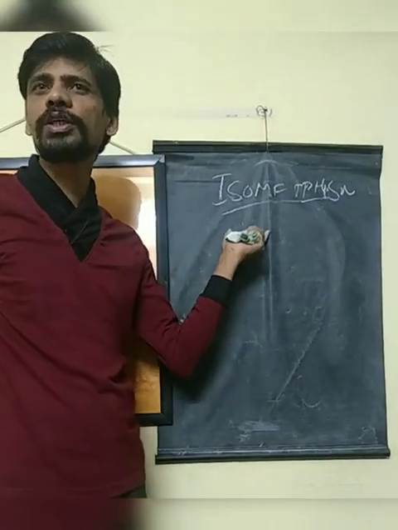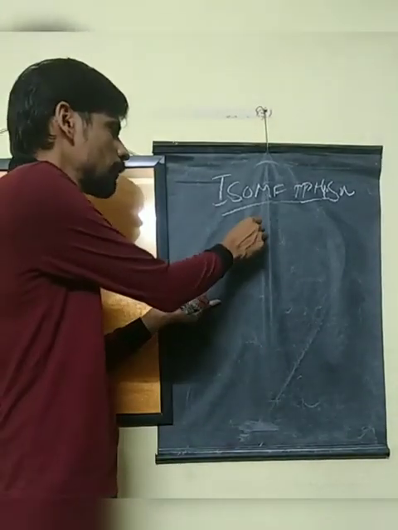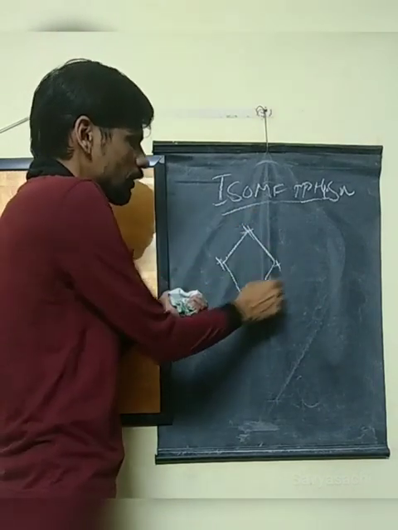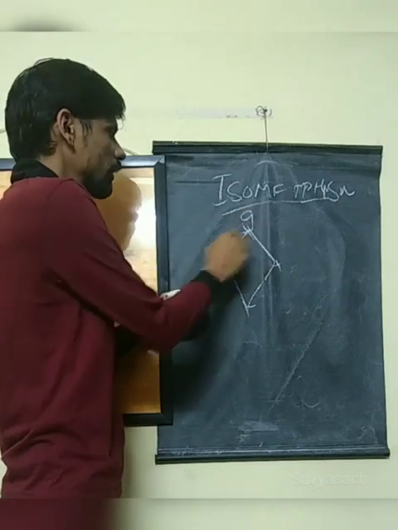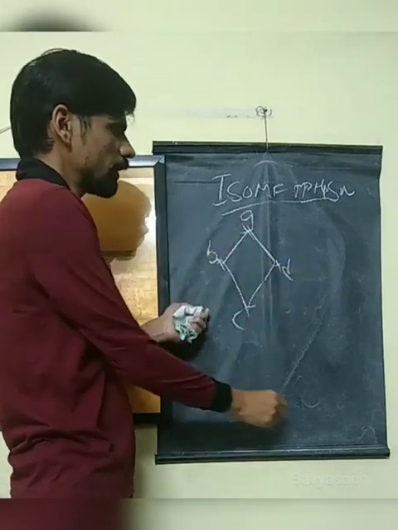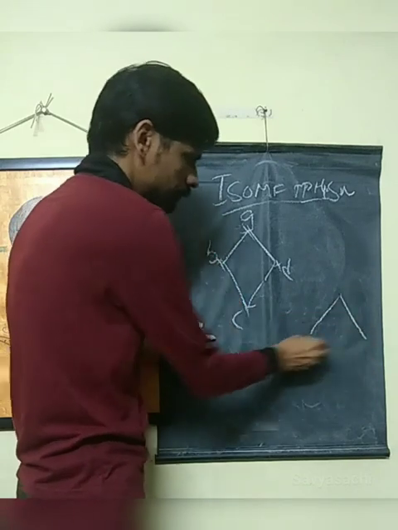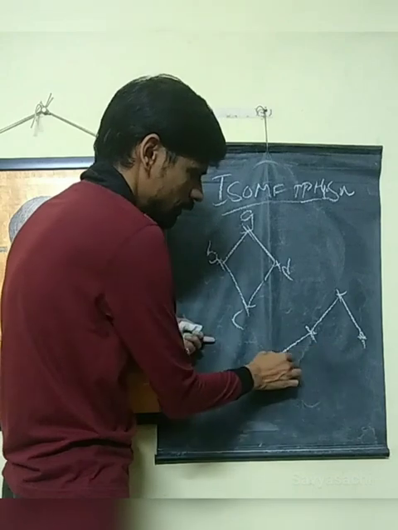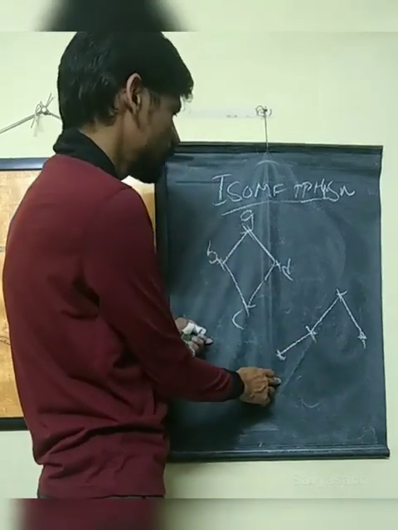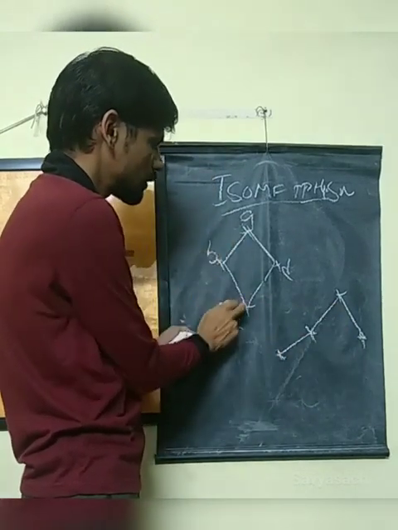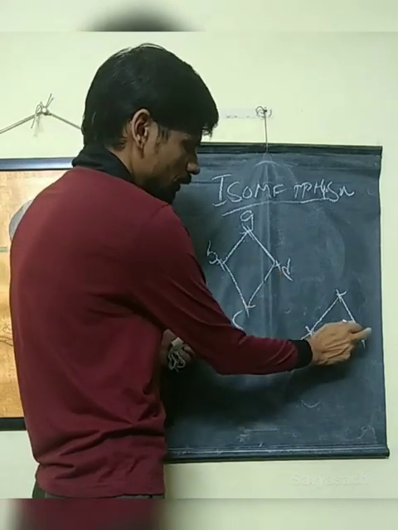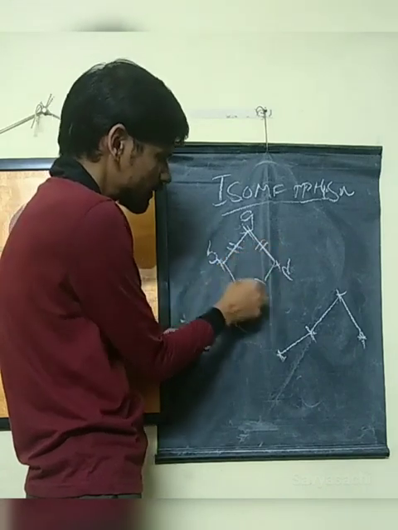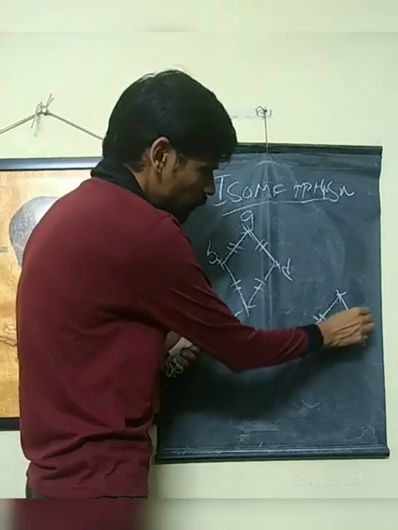Now we will see what is meant by isomorphism. For example, I have one graph like this, a rectangle, containing 4 vertices A, B, C, D. And I have another graph with 4 vertices as well: 1, 2, 3, 4. But here I have 4 edges, and here I have only 3 edges.